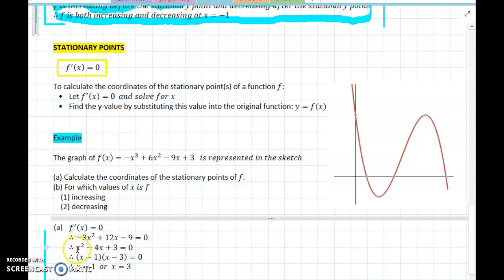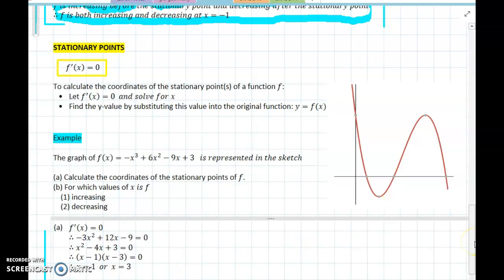We can divide throughout by 3 here. Divide the left-hand side by 3 and the right-hand side by 3. Factorize, you get x minus 1 and x minus 3 equal to 0. And therefore x is equal to 1 or x is equal to 3. So in other words, at x equal to 1 and x equal to 3, we have stationary points.